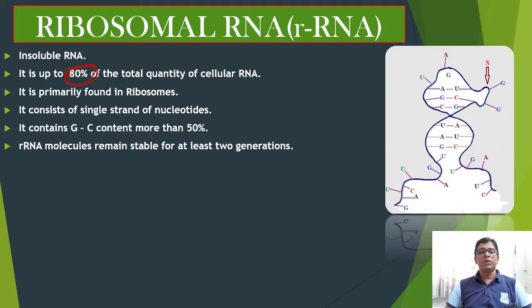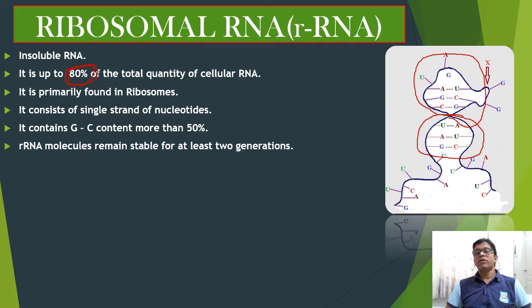Here you can see in the picture the single strand of polynucleotide chain, which is folded at several places and forms pseudo helices. So, not true helices, pseudo helices. Here you can see this is one helix and this is another helix.